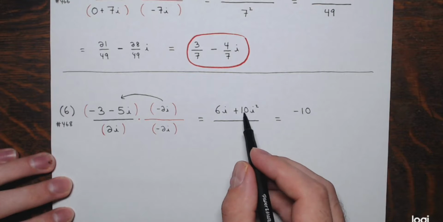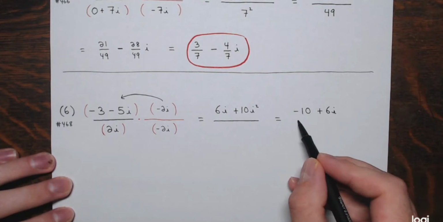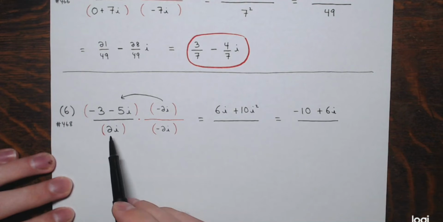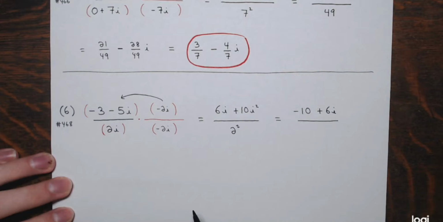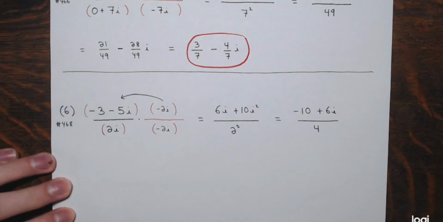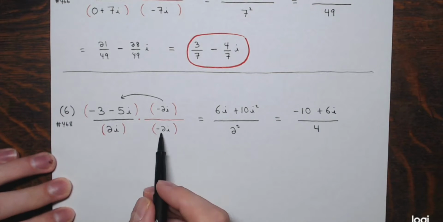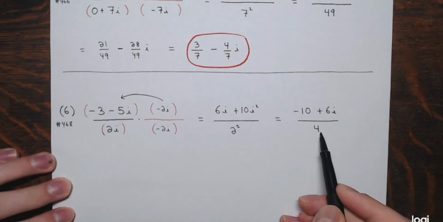Negative 10 plus 6i in the numerator, and the denominator would just be 2 squared. Right? 0 squared plus 2 squared, or 4. Because this would end up being negative 4i squared, but negative 4 times negative 1 is positive 4, so you should have positive 4 in the denominator.